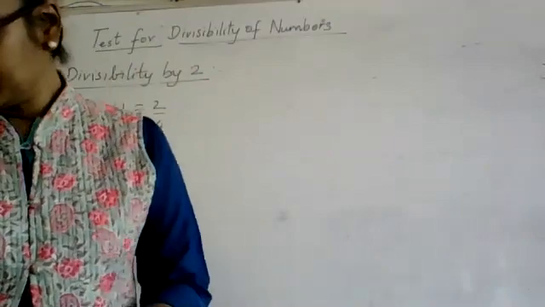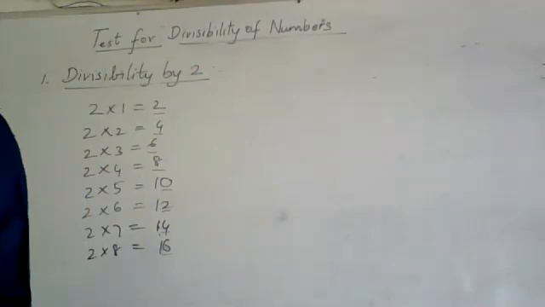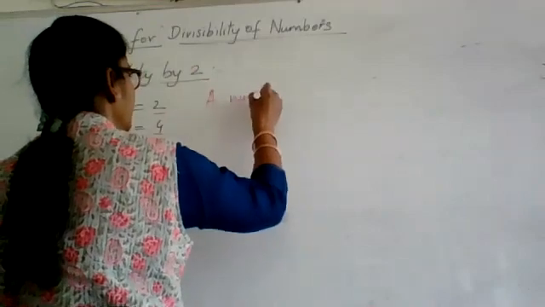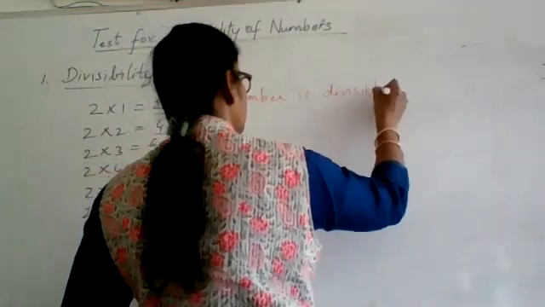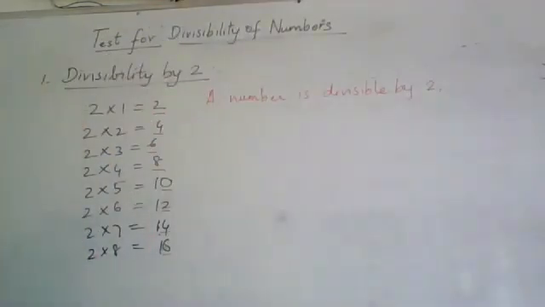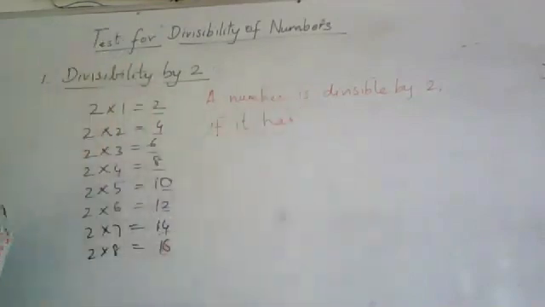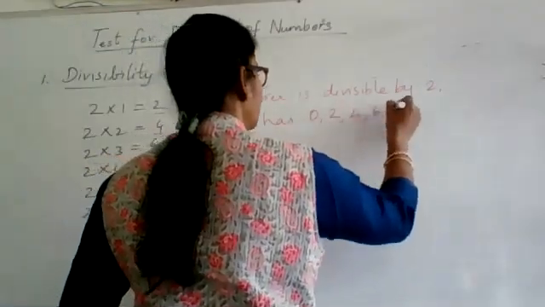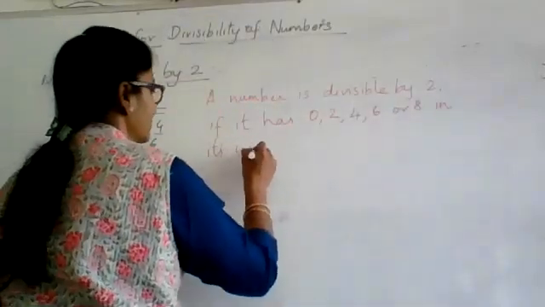So you can write it down. A number is divisible by 2 if it has 0, 2, 4, 6 or 8 in its units place.